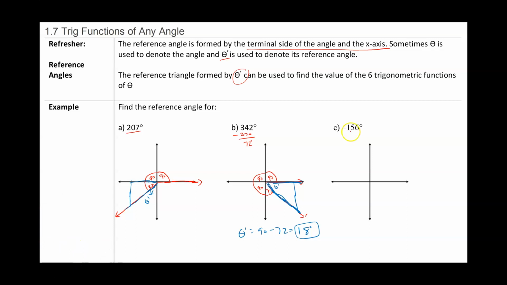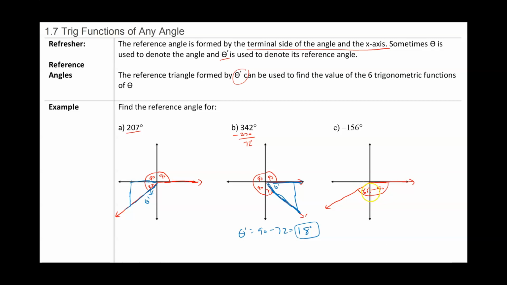Okay, and then next we have negative 156. So here is our initial side. This is going to be negative 90. And then we've got to think about negative 90 plus what will give us negative 156. So if you take 156 minus 90, this is going to give you negative 66 degrees.